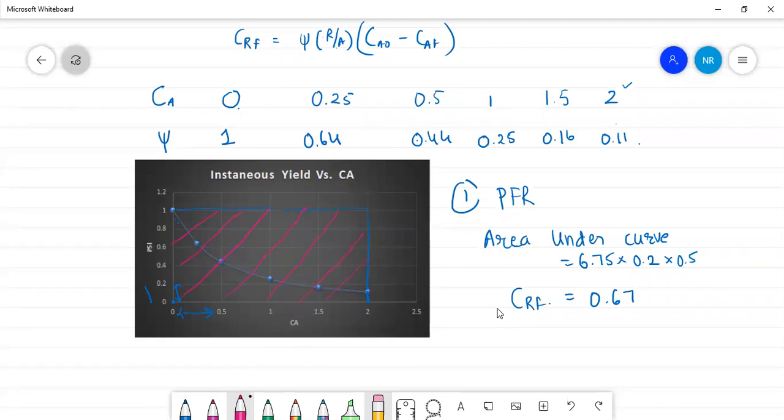So can you tell me how many boxes are there? I'm removing these lines so it's easy for you. Approximate boxes, it's not an exact answer I require.